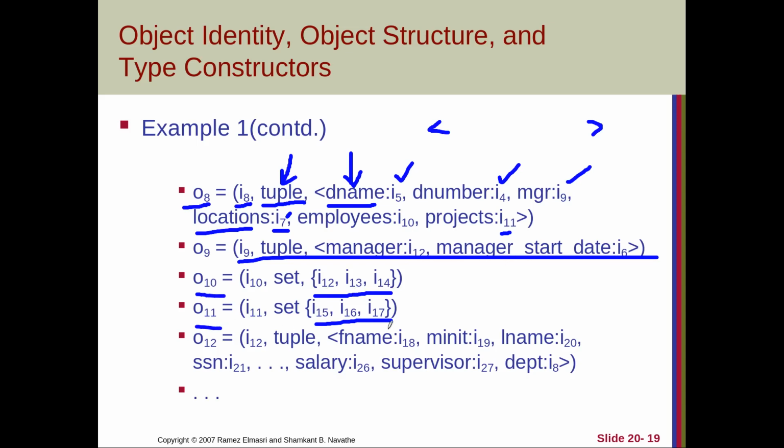O11 is also a set of different objects. O12 is again a tuple of first name, initial, last name, social security number, etc., salary, supervisor, etc. So numerous objects are available, and these objects can be related to different objects by using different type constructors.